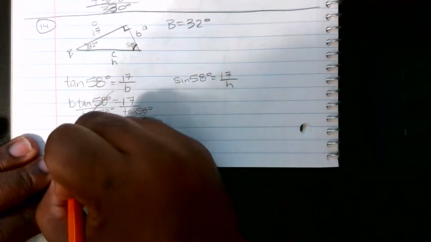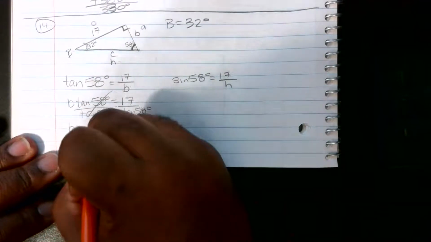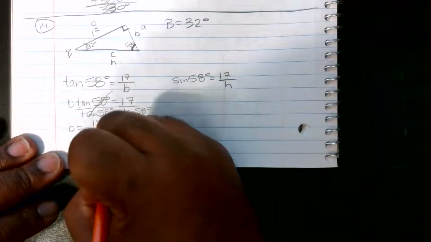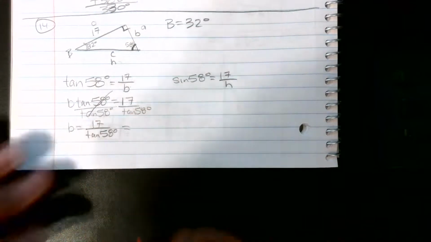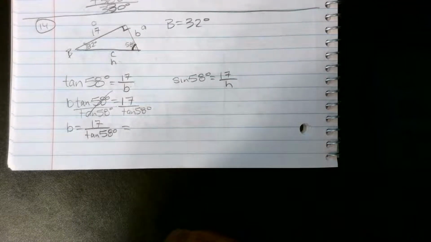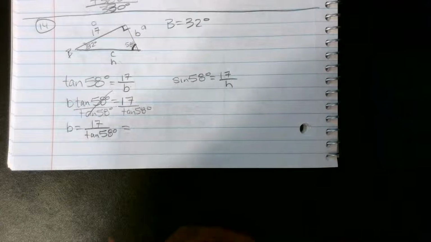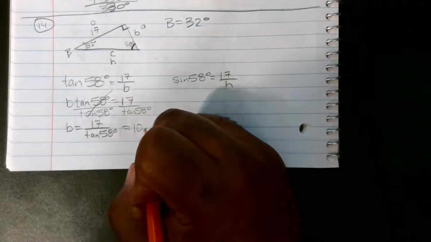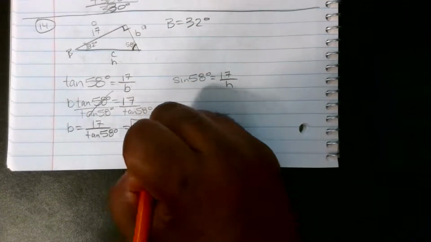So I get b is equal to 17 over tangent of 58 degrees. That's a calculator problem. 17 over tangent of 58, rounded to the tenth, is 10.6. So 10.6 is b.